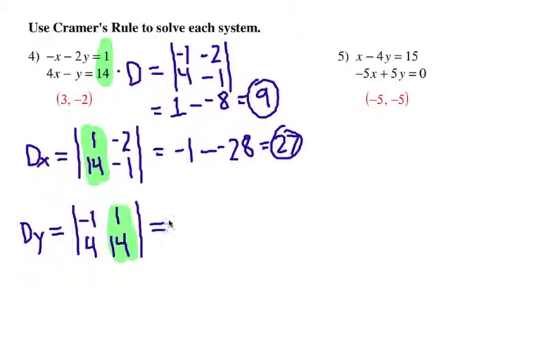If you know where to substitute those coefficient numbers in finding these, using Cramer's rule and finding these determinants, then you're all set. It's not that hard. So let's cross multiply. That's going to be a negative 14. Subtract the other product here, which is 4, and that is going to be negative 18.